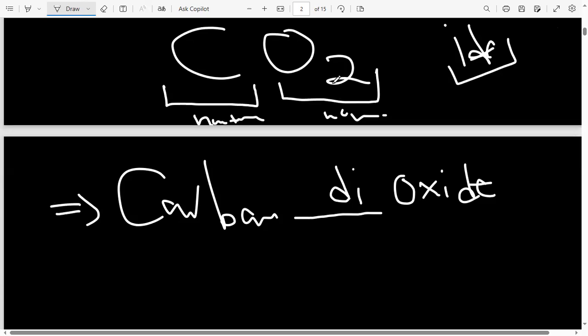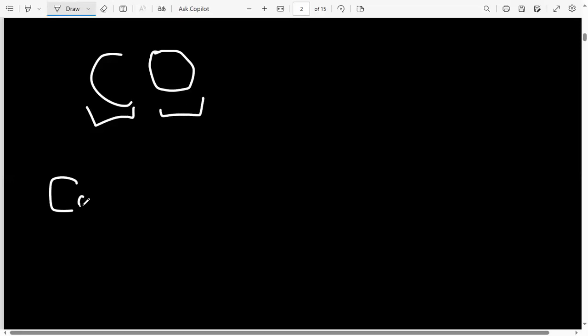Consider the prefixes. So what if I want to name this compound here? This is carbon, and this is oxygen, right? So I'm going to say carbon, since it's the first element. Then I'll write a dash. And this oxygen is at the end, so it has to end with IDE.